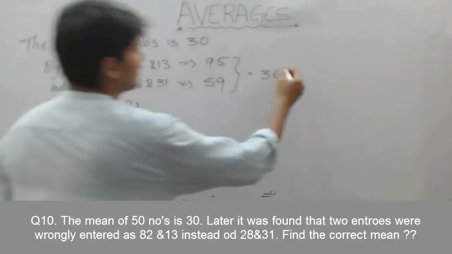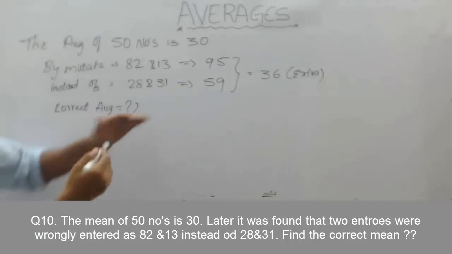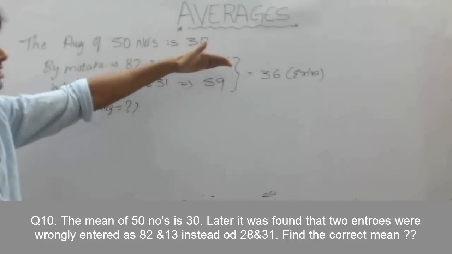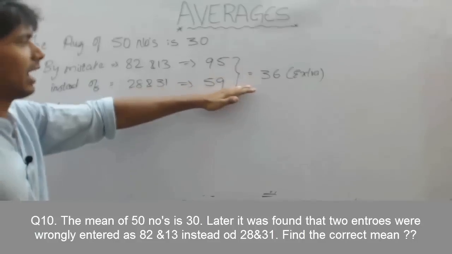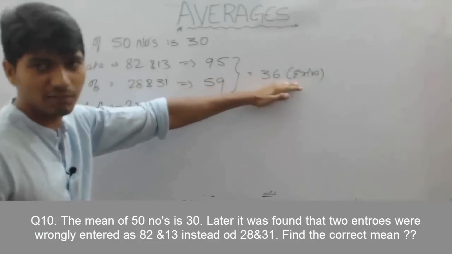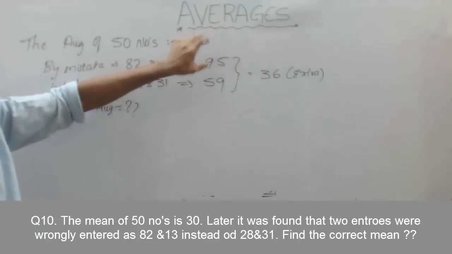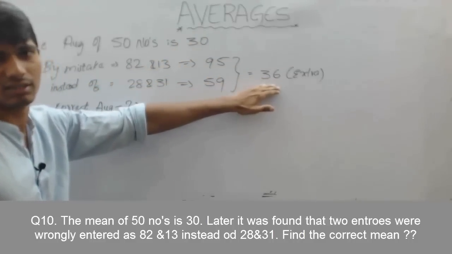So this 36 is extra. Actually we need to add 59 marks, but we have taken 95. Instead of 59, we have taken 95, so that the average is 30. So the extra 36 is added, so that our average became 30.